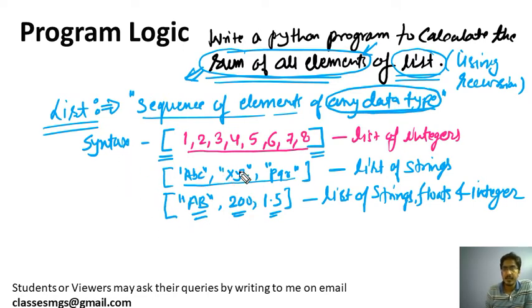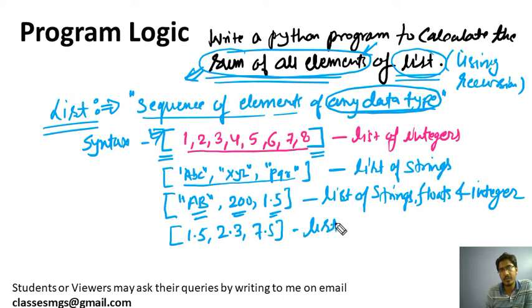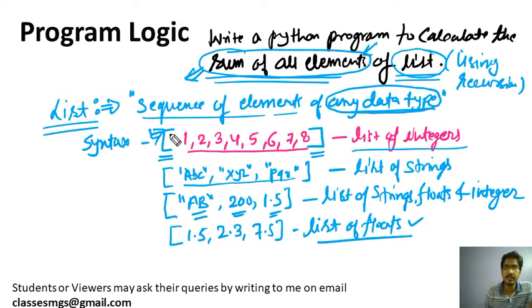Specific to our problem, we will use either this list, or this list also: 2.3, 7.5, a list of floats. To solve our problem, we may have all the elements as integers or all the elements as floats, because we are trying to add all these elements and print the result.